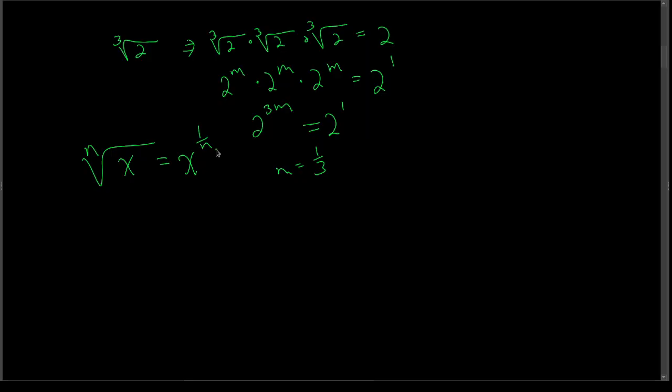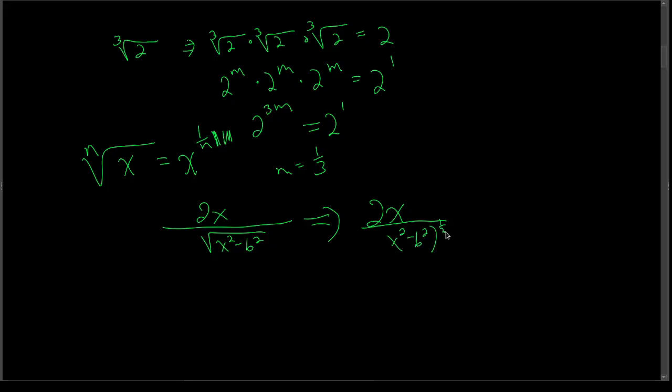It does become a lot easier, when working with power rules, to have our roots written as a power, because then we treat them like a fractional, or rational, power. And so we can have a system where we have 2x in the numerator and the square root of x squared minus b squared in the denominator. If we translate this, we have 2x over x squared minus b squared to the 1/2.